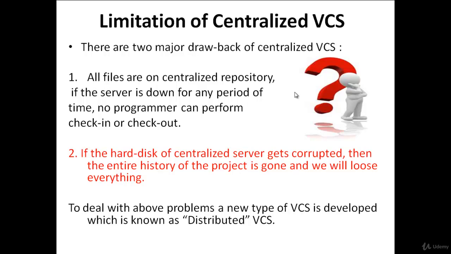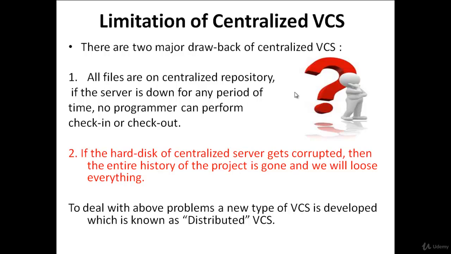The other situation is that, let's say, the hard disk of the centralized server gets corrupted. Now the entire history of the project will be gone and we will lose everything, right? If they don't have any backup stored on any other server, then the entire history will be gone.